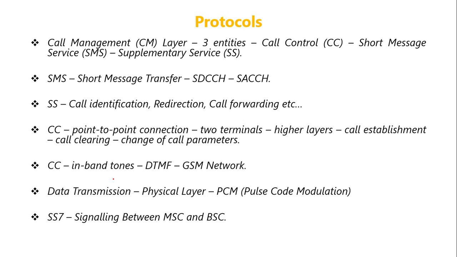An MSC can control a BSS via a BSS application part, which is called BSS AP. There is a component BSS AP in the GSM protocol architecture, which is nothing but the BSS application part. So the MSC controls the BSS via this particular BSS application part.